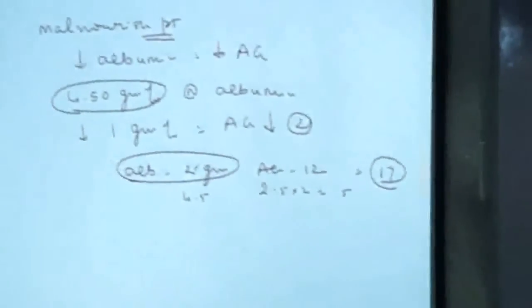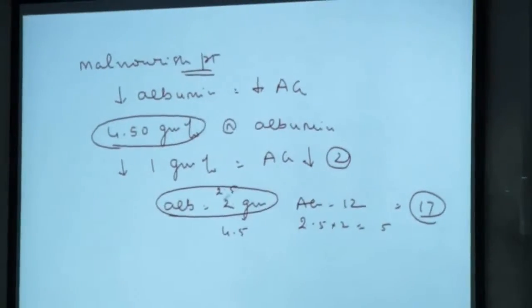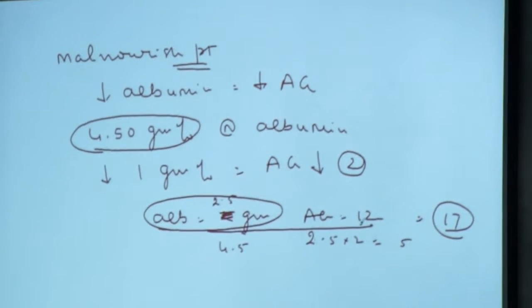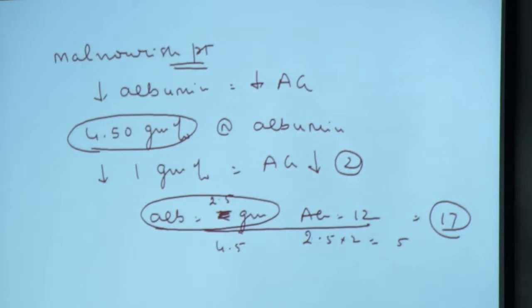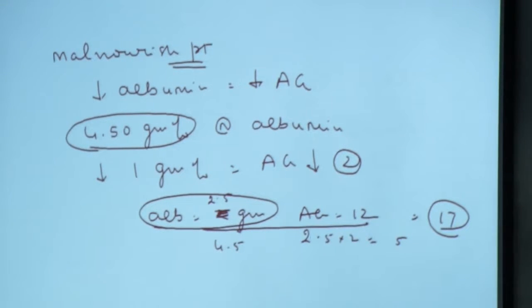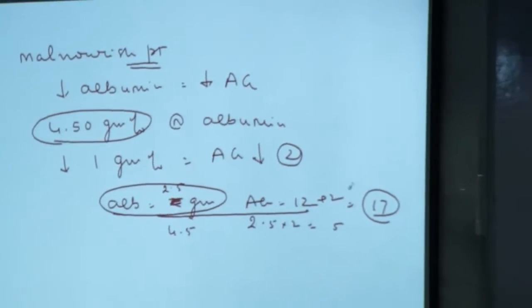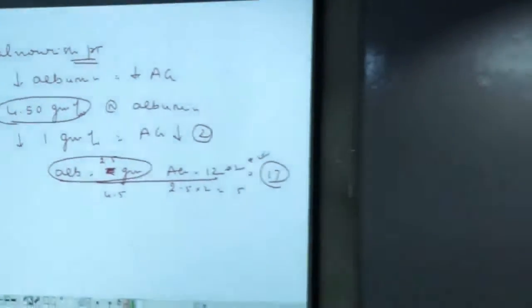His albumin is 2 gram, but let's make it 2.5 gram, for easy calculation. His anion gap is 12. If it becomes 3.5, it will become 14. If it becomes 4.5, it becomes 16.